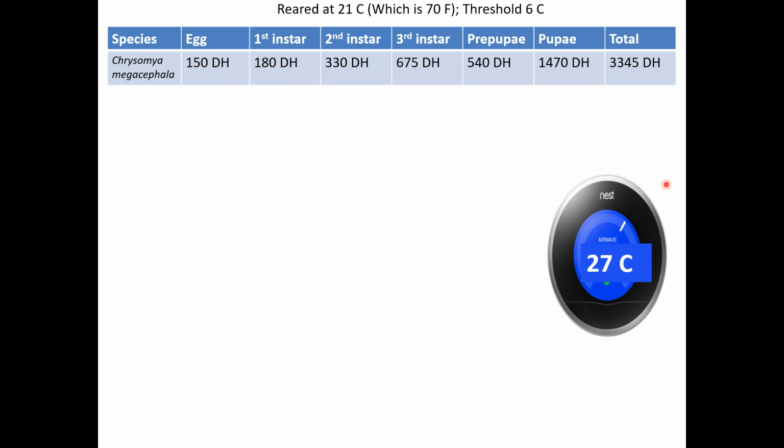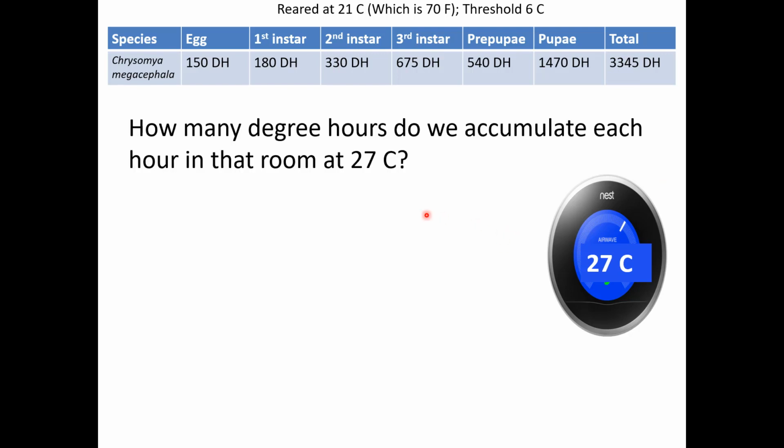Okay. Now we can do the exact same calculations, except we're changing the unit of time. So let's say, how many degree hours do we accumulate each hour in that room at 27 degrees? Our same formula: average temperature, 27 degrees Celsius, minus threshold, 6, times the unit of time. In that case, it'll be 1 hour.